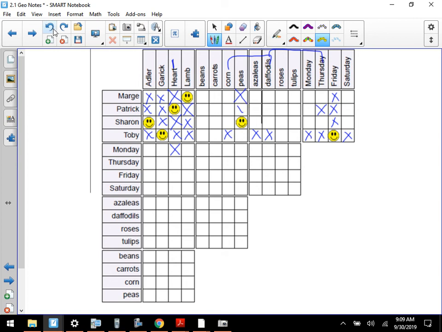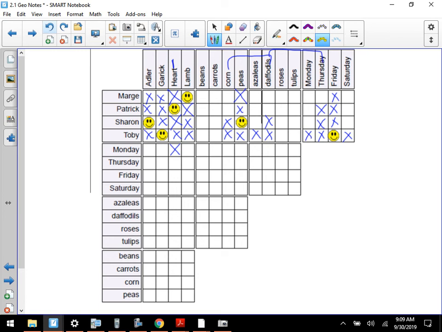She is planting peas, but she is not planting daffodils. We'll go back to that here in a second. And she's not daffodils, which means she's not planting corn. Very good. Which also means she's not on Thursday. See how that falls into place now by marking up what goes where? So that means who's planting on Thursday?